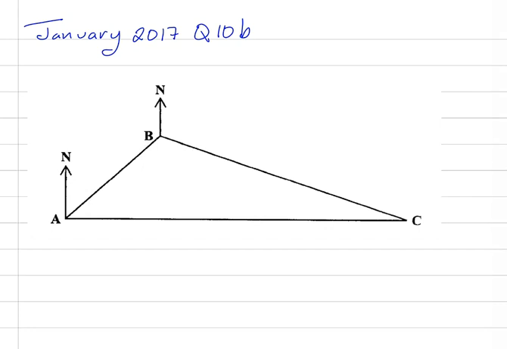So the first thing is this ship started on its journey at Akron. Then it went on a bearing of what? 30 degrees toward Belleville B, which is 90 kilometers away.